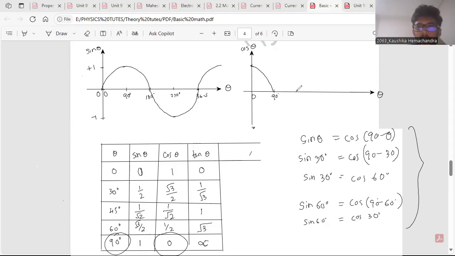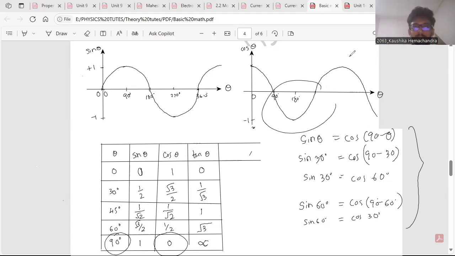Then at 180 it must be -1, and at 270 it will be 0 again. Draw it nicely today.